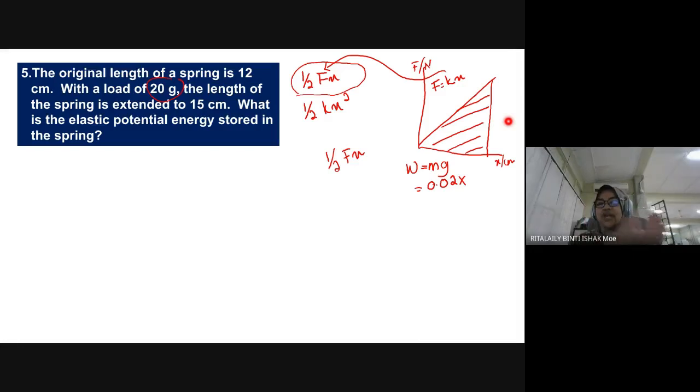So for the rest of the question, we need to use 9.81. Okay, so it should be 0.02 times 9.81, which is 0.1962. Okay, so the weight here is the force.